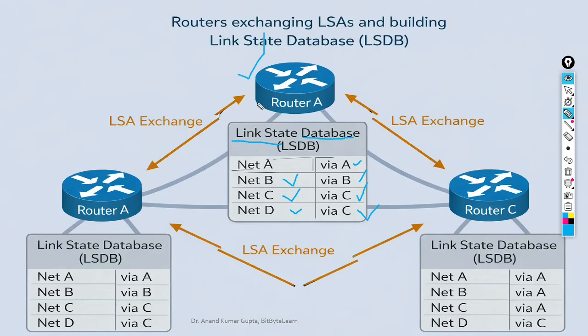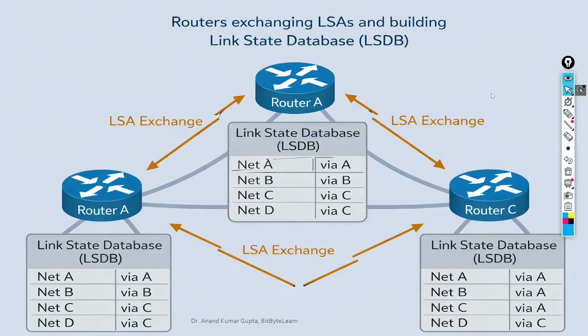Each router is going to exchange this database following the process of link state advertisement. Sharing the link state database information with the neighbor router is considered the LSA exchange.